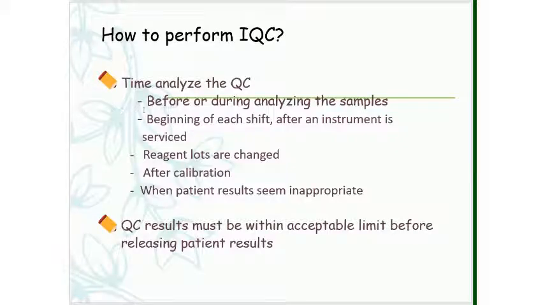Of course, before or during analyzing the sample, at the beginning of each shift, after an instrument is serviced, when the reagent lots are changed, after calibration, or when patient results seem inappropriate. QC results must be within the acceptable limit before releasing the patient's result. So that's how we use the QC.